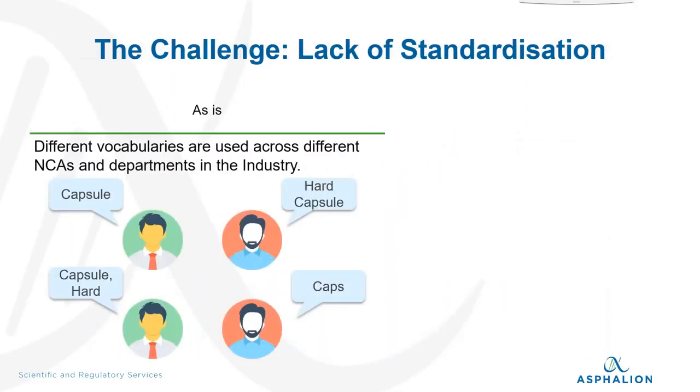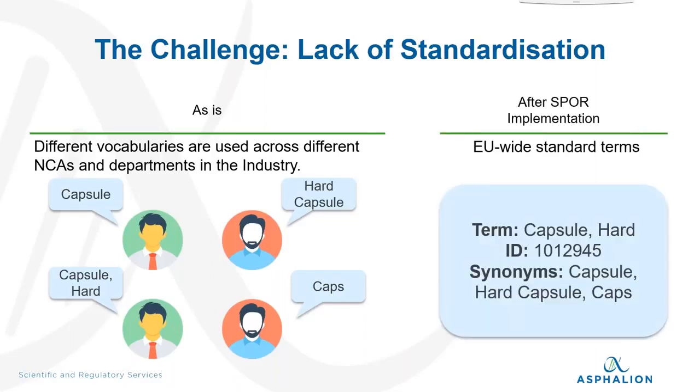What's also important is currently the lack of standardization within different departments or different companies. Even if we take a simple example, a patient might say, I'm taking a capsule. And we might say, but it's not a capsule, it's a hard capsule. But actually the dictionary might say it's a capsule comma hard, and in production they just say we manufacture caps.